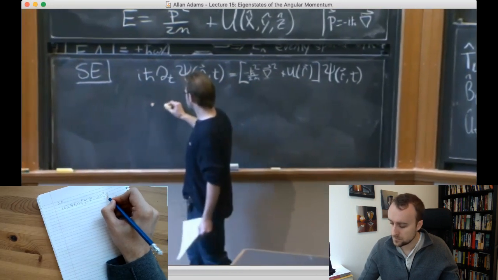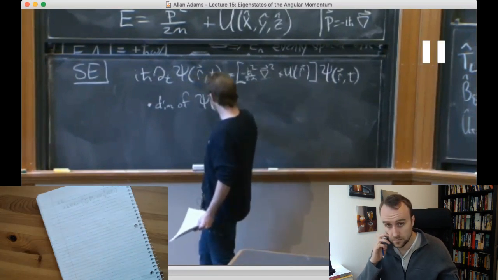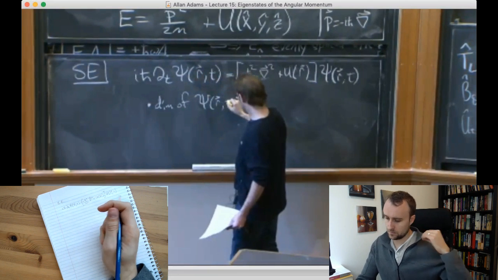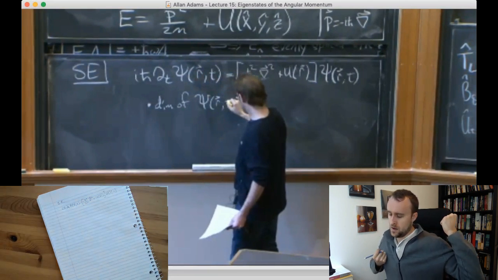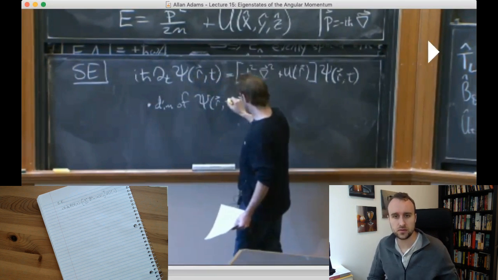Quick question, what are the dimensions of psi of r in 3D? We want the norm squared to give us a probability density, but now it's over three dimensions, so it's going to be 1 over the square root of length cubed.